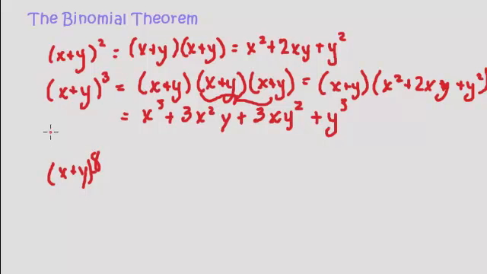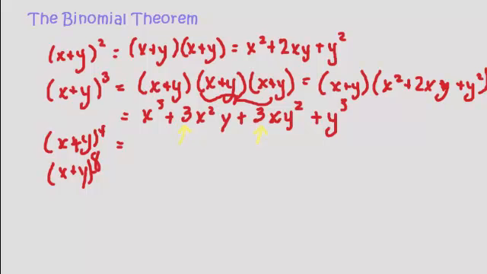Then if I ask you to do (x + y) to the 4th, you don't even want to do that one, much less (x + y) to the 8th or to the 10th. But the binomial theorem is going to give you a way to expand these things really quickly. The hardest part would be coming up with these coefficients, because they seem pretty random, really.